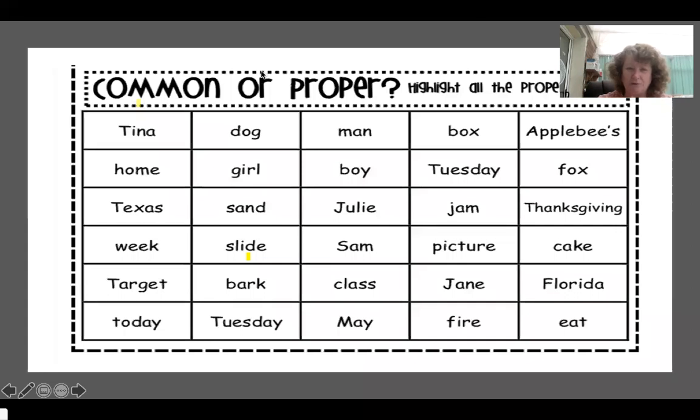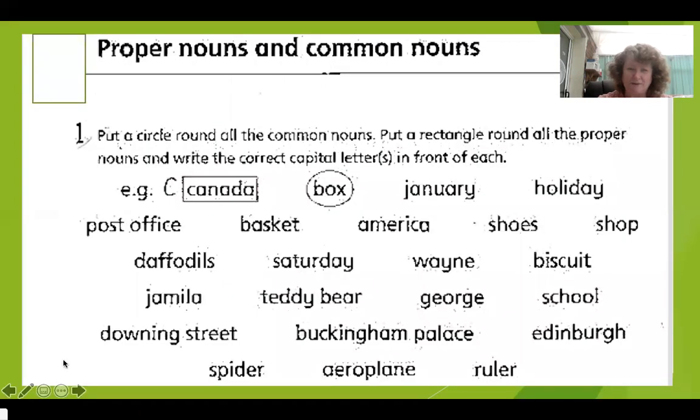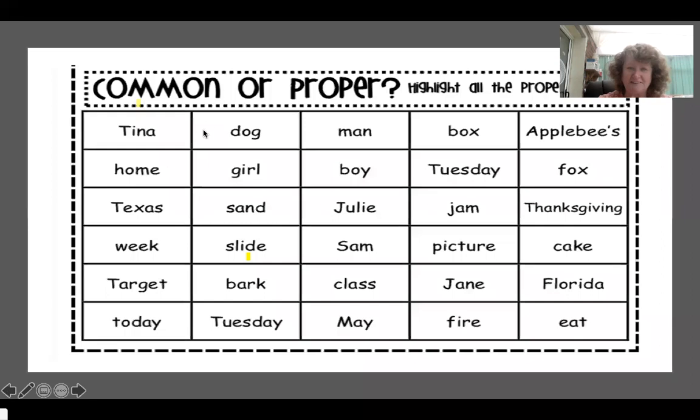I'm going to put a little tick by all the ones that are proper nouns. Okay, let's hope this works. Are you ready? Oh dear, one second. That didn't work very well, did it? Just one tick. Let me try that again.